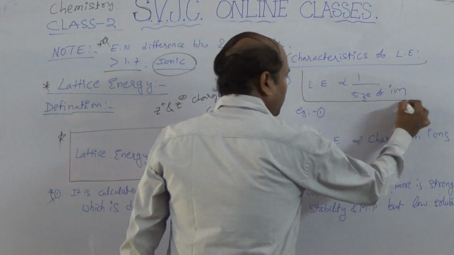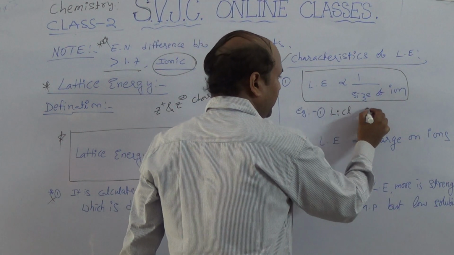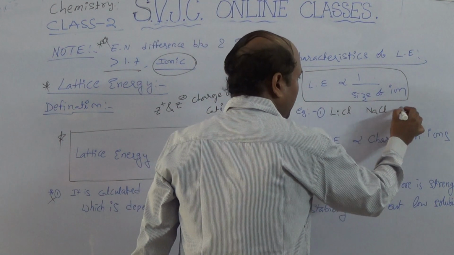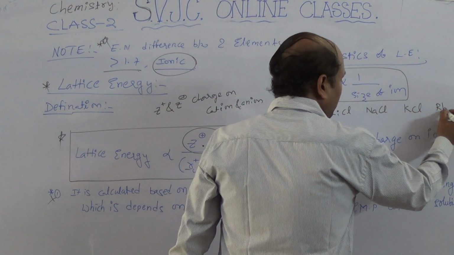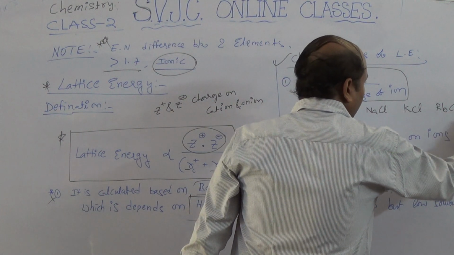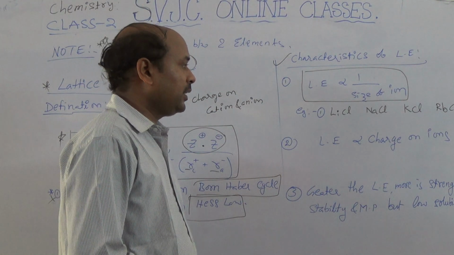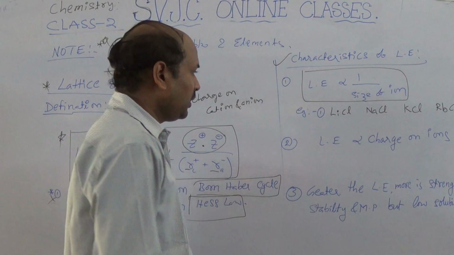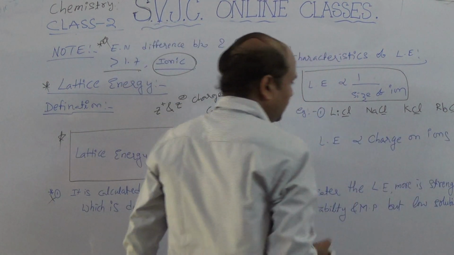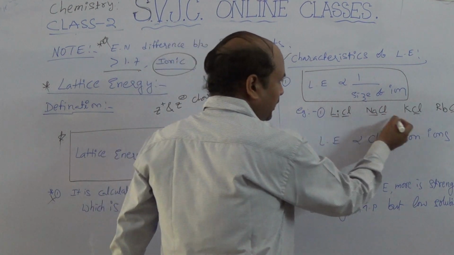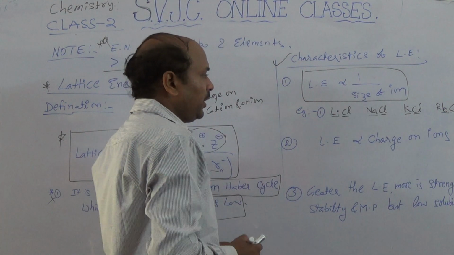So remember this condition. Here I am taking one example: lithium chloride, sodium chloride, potassium chloride, rubidium chloride, cesium chloride. In these compounds, which one has the highest lattice energy? Observe, the anion is the same in these compounds, but the cation is different.